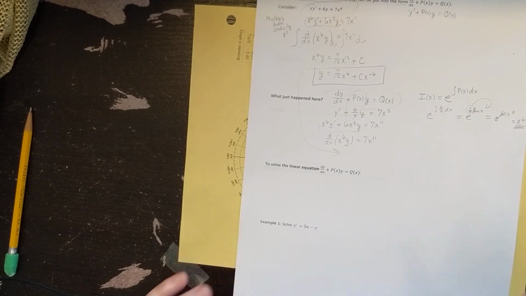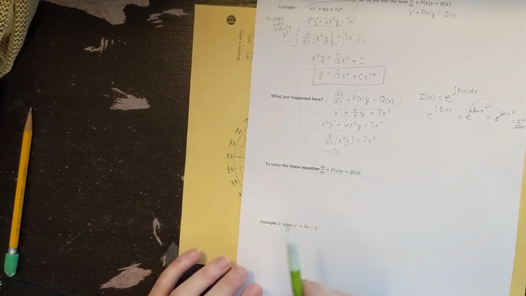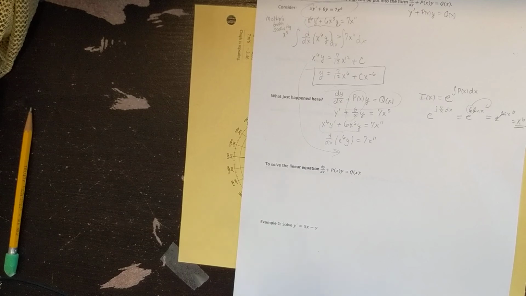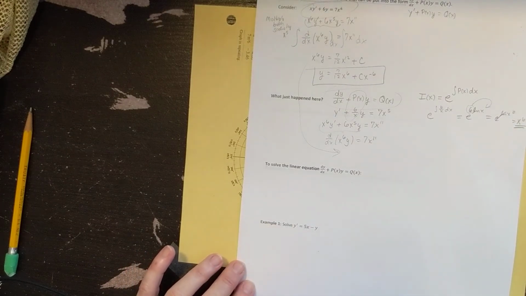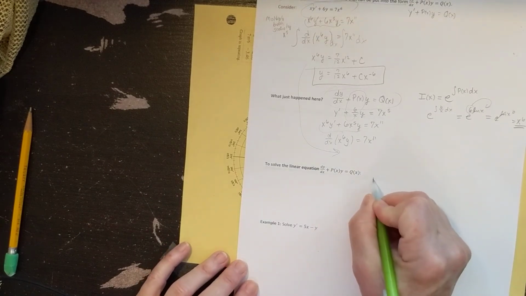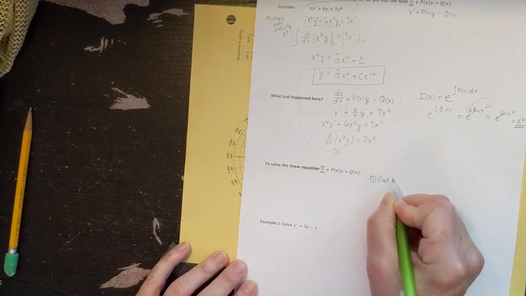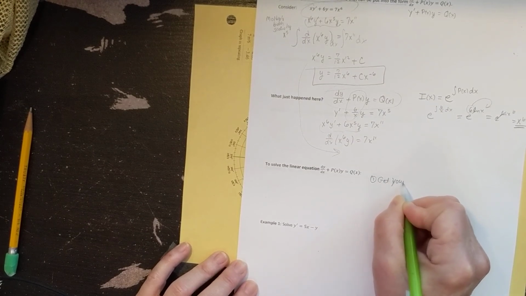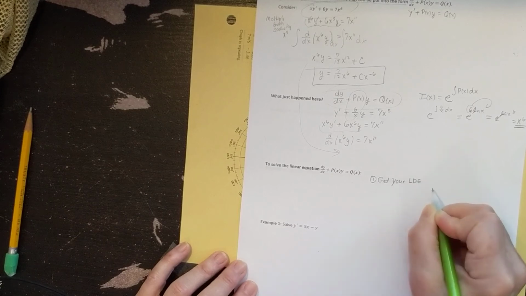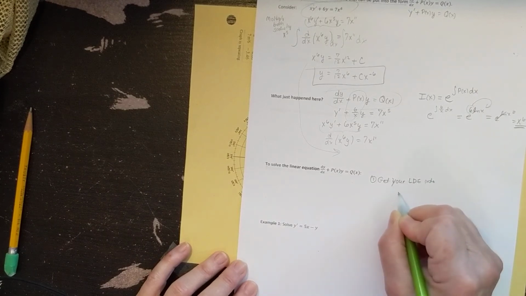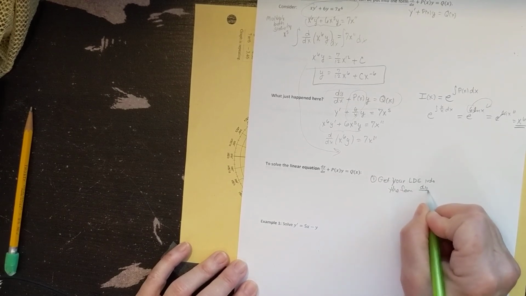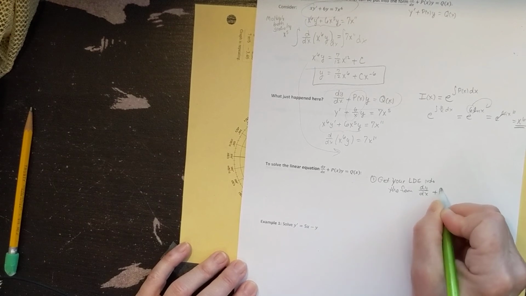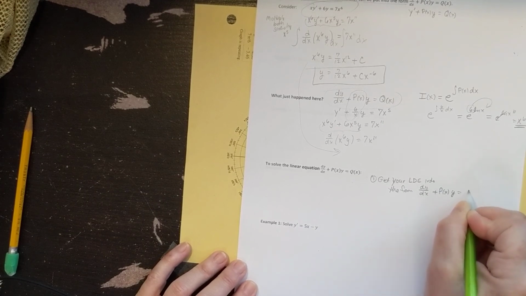Okay, what do we just do? In general, how do we solve a linear differential equation? Get it in this form. Recognize that that's what you're dealing with. Okay, identify p of x. So we identify p of x. And then, if I was going to write this in steps, okay, get your linear differential equation into the form dy dx plus p of x y is q of x.